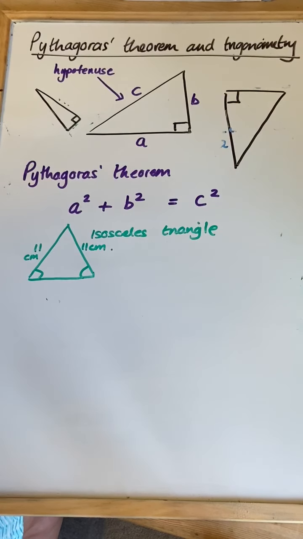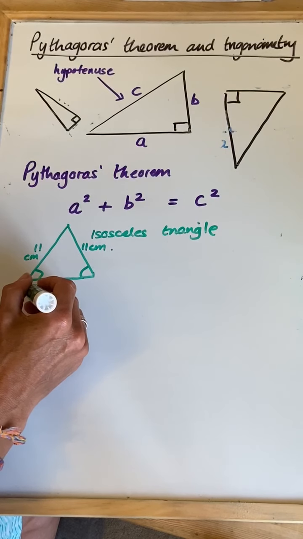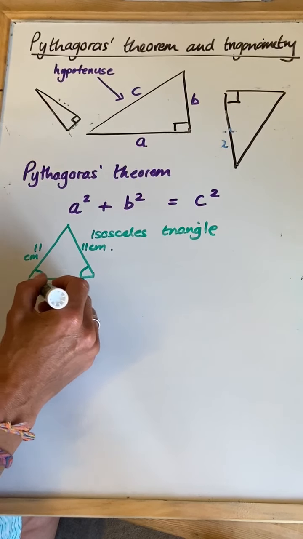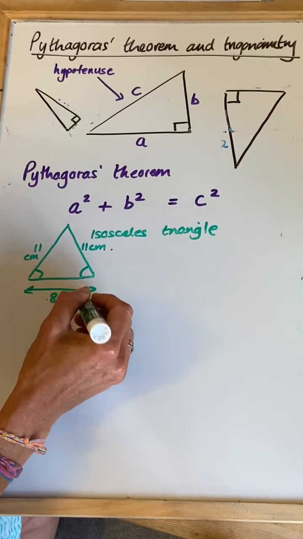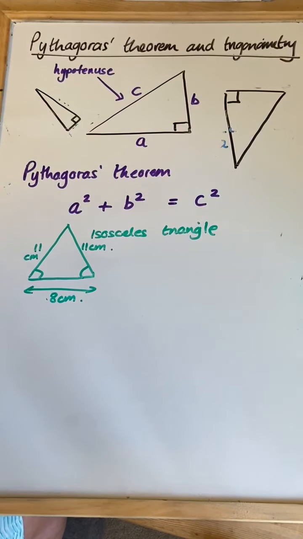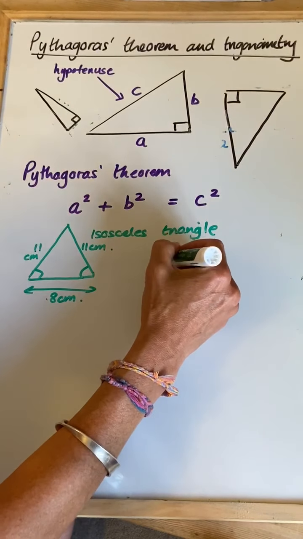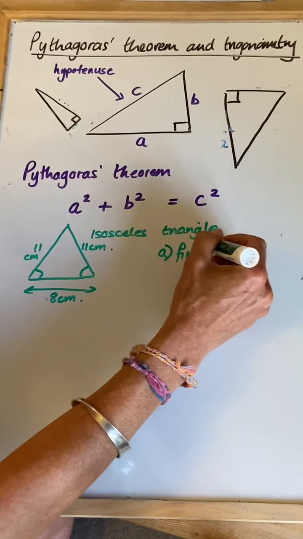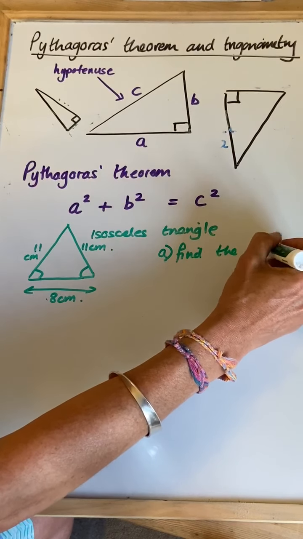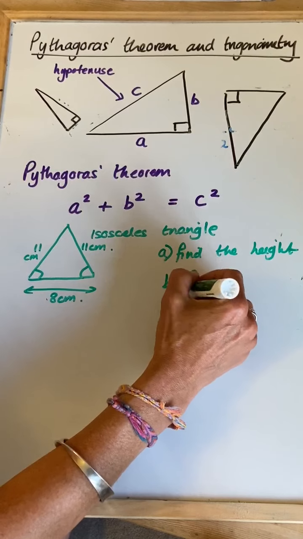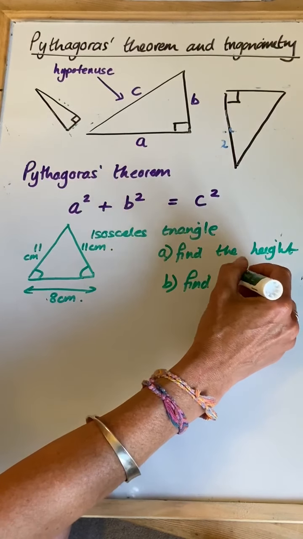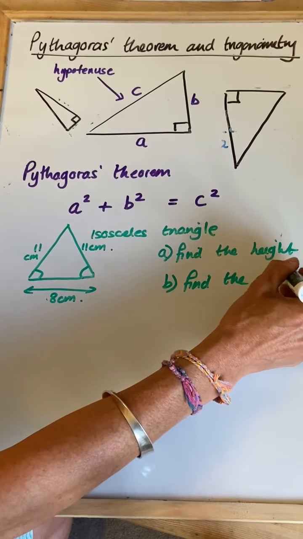And I'm going to say that I know my base, and my base length here is 8 centimetres. And what I'm going to do with this question is I'm going to A, find the height, and B, I'm going to find the area of this isosceles triangle.